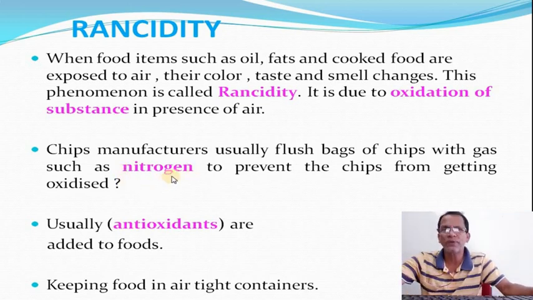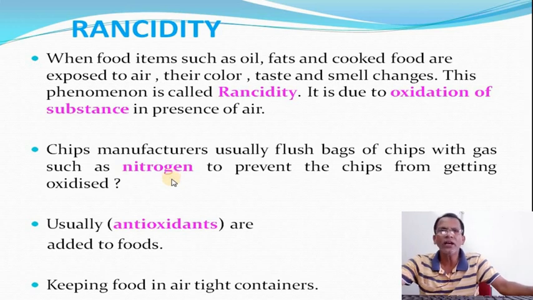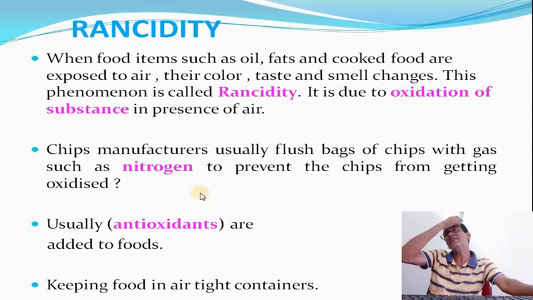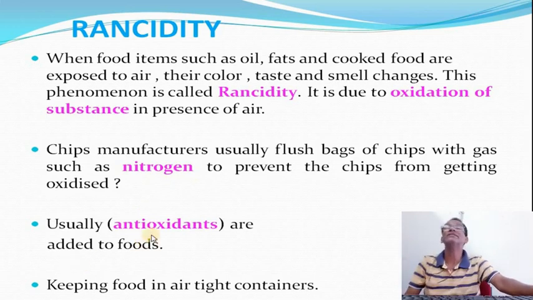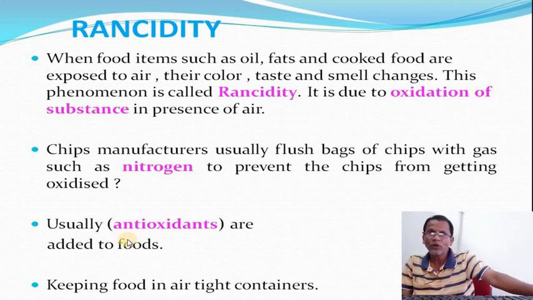That's why we are filling nitrogen gas in dry fruits to prevent oxidation, to prevent rancidity. Then you can use antioxidant. Antioxidant also prevents the rancidity. Then if you keep our food in an airtight container, food can also be prevented from oxidation, from rancidity.